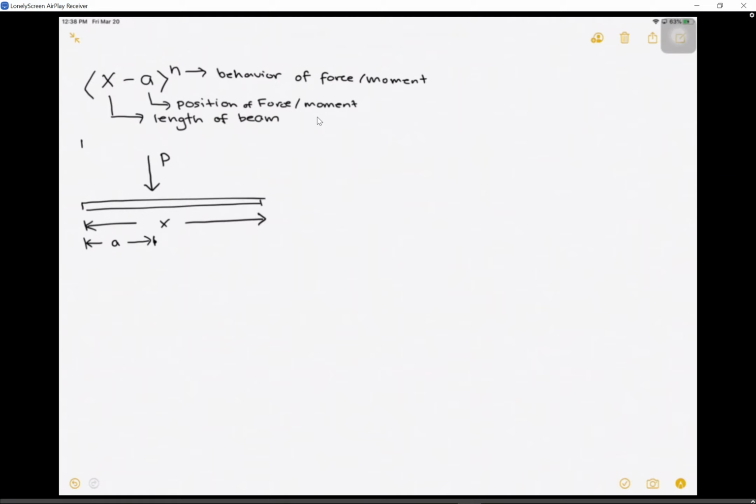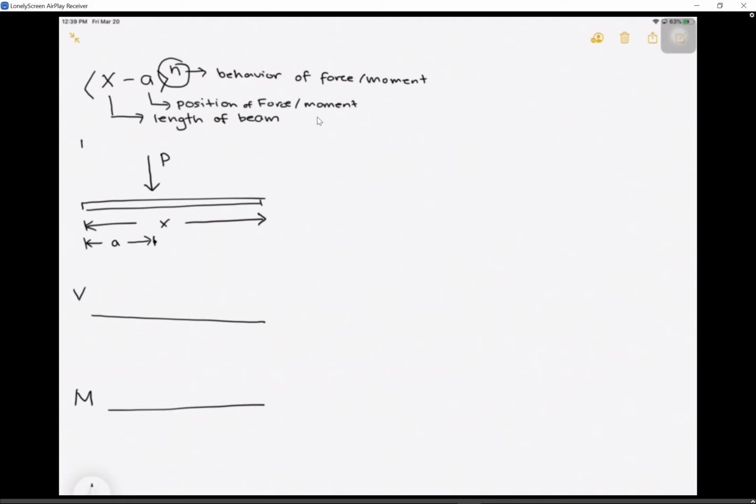That describes the location of your P. Now how about your n? Before we discuss the significance of n, first let's draw the shear and bending moment diagrams.